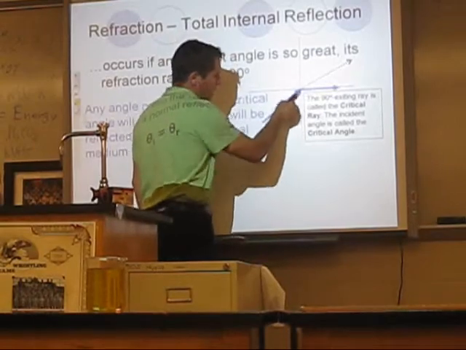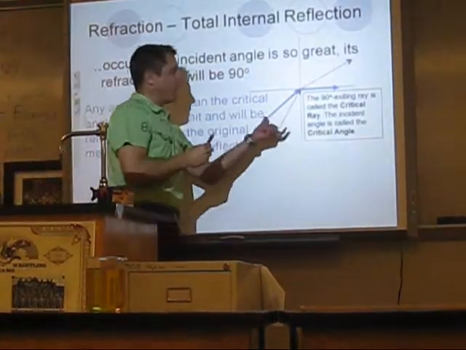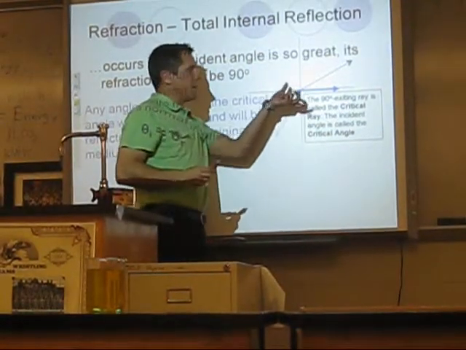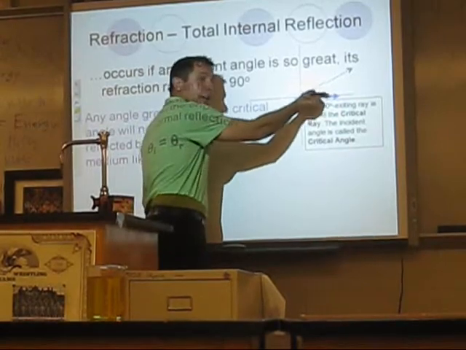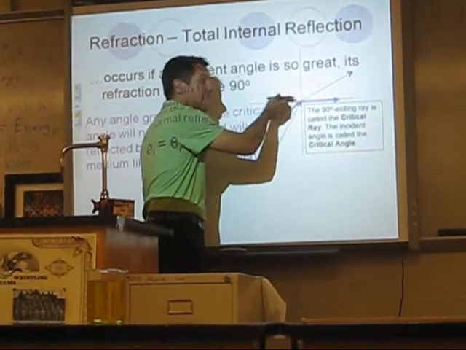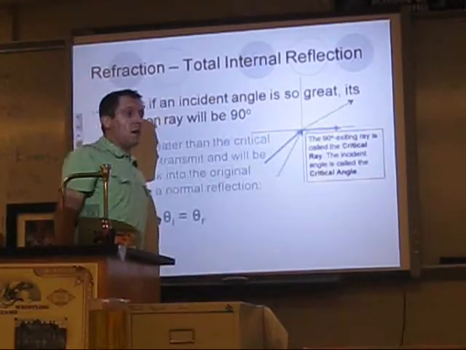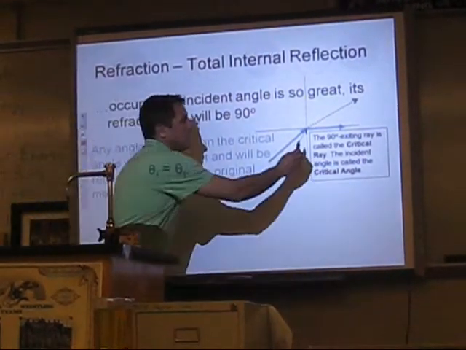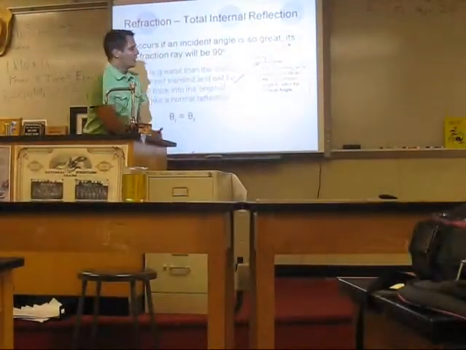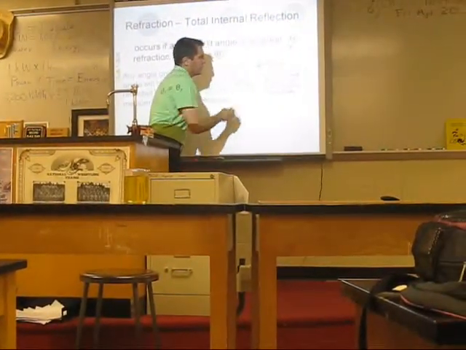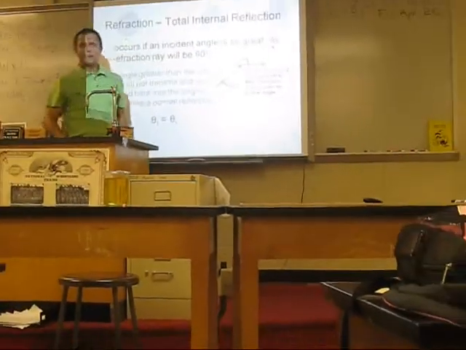Sooner or later, you'll get an angle here that's going to cause that angle to be 90 degrees, which means the light's going to get trapped along the surface. So here's your critical angle that causes this to be 90, which means the light's trapped along the surface.